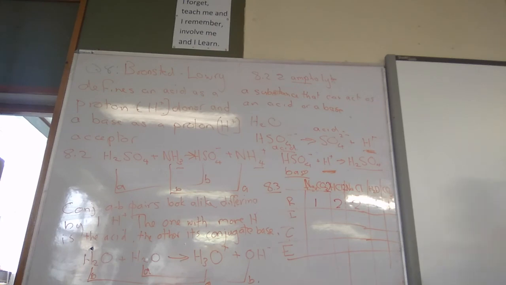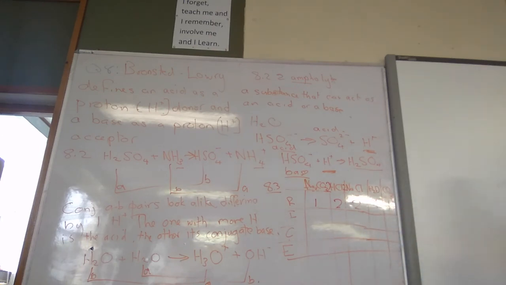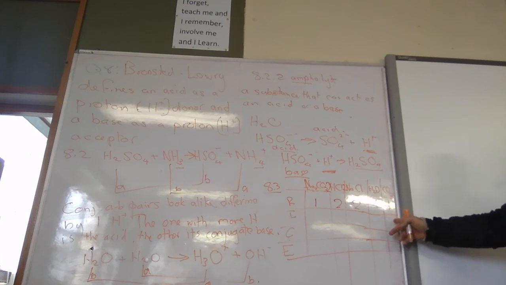Do you know the initial values of these 3? What is the initial value of those 3? Sodium chloride, water, and CO2. We can already fill it in. What is it? 0.